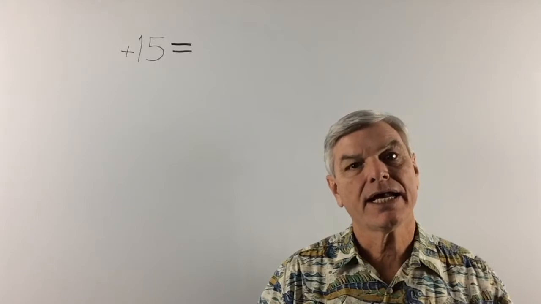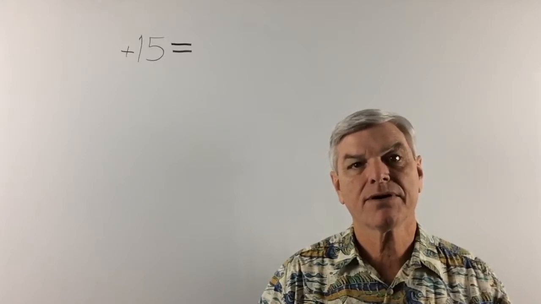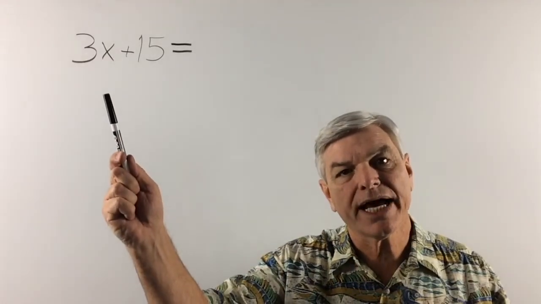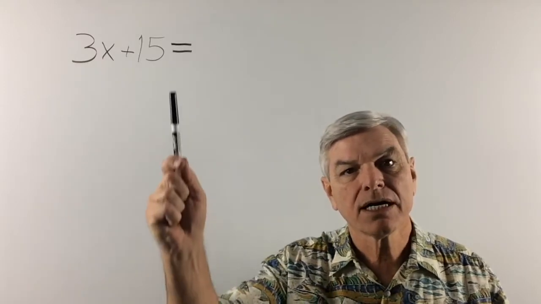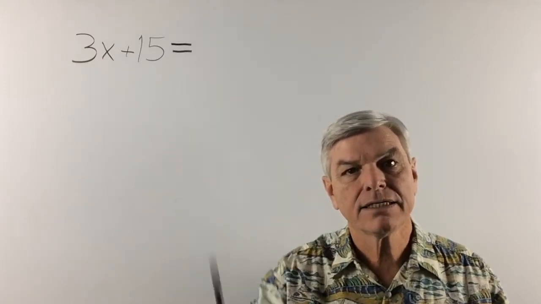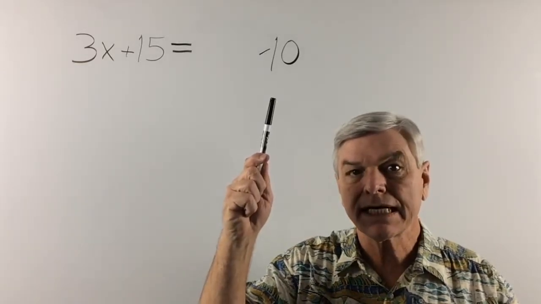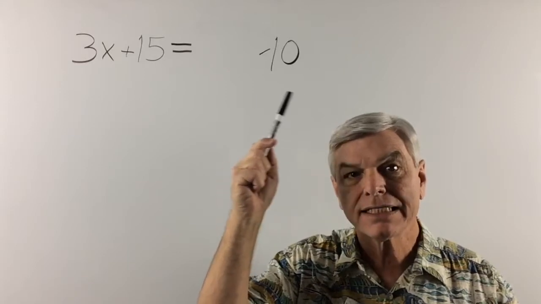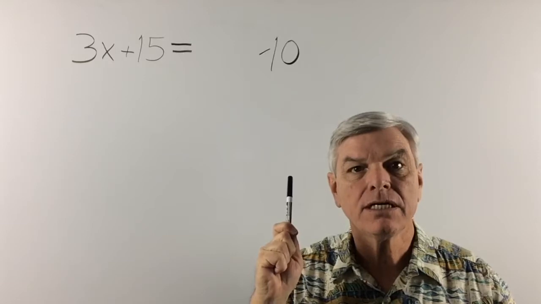Okay, and it's 15 more than 3 times a number. 3 times the number is 3x. 15 more than 3 times a number is 10 less. And like I said, we're building this backwards, so we're going to put it on the back side of the right-hand side of the equation.